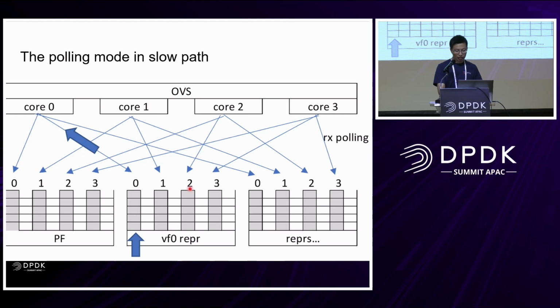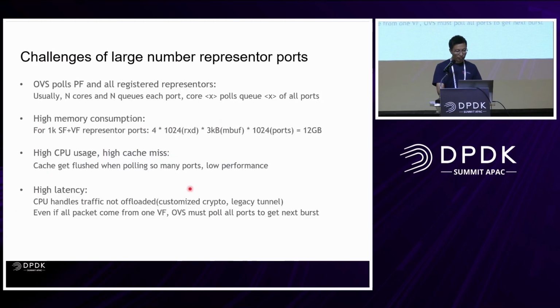So the challenge of a large number of representors is, like the picture showed, n cores and n queues per port, and core X polls QX of all the ports. Think about the high memory consumption. In this example, with 1K SF and VF representors, it consumes almost 12 gigabytes.